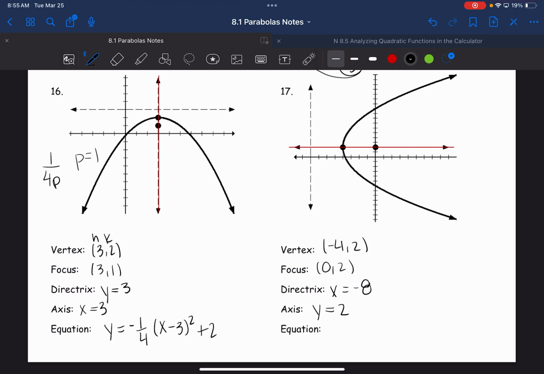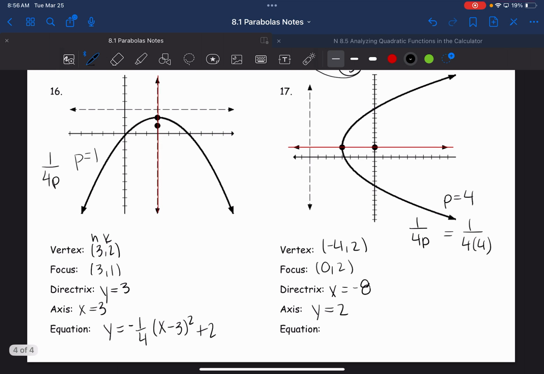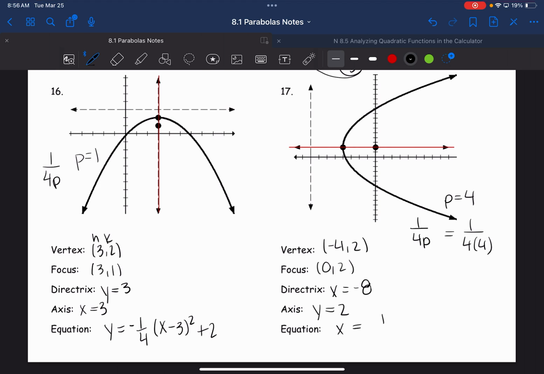The only thing I still need to figure out is that a value out in front. Again, remember that comes from 1 over 4p. Well, if we look at our vertex and our focus, what is the p value? What's the difference there, or the distance? 4. So p must be 4. So I'd have 1 over 4 times 4, which is just 1 over 16. Very good.